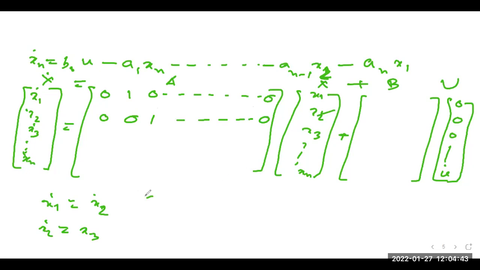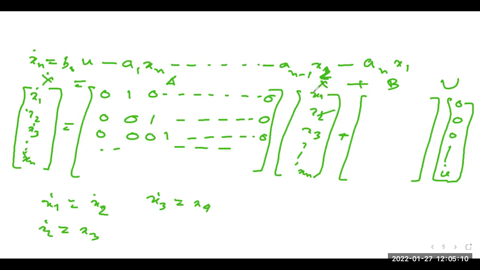Then x3 dot equal to x4. X4 is the fourth term, so this will be 0, 0, 0, 1, and the rest 0. This way it will continue. Now lastly we have minus an x1.